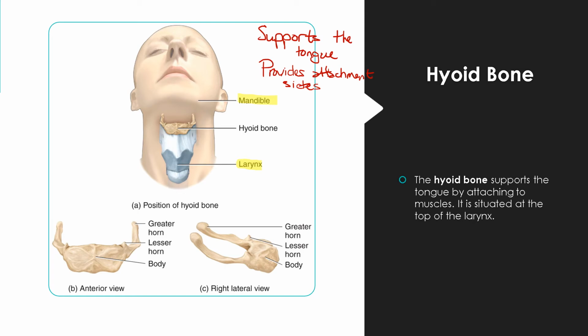Sorry, I'll rewrite that one, attachment sites here. So these are going to be muscles of the tongue, neck, and pharynx. And not all the muscles in the tongue, neck, and pharynx, but some of those muscles provide attachment points.